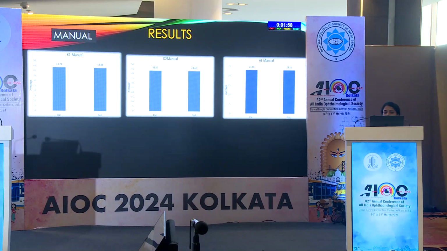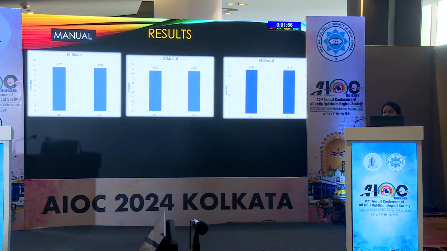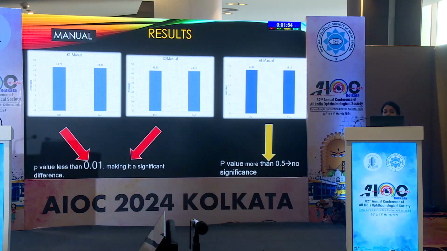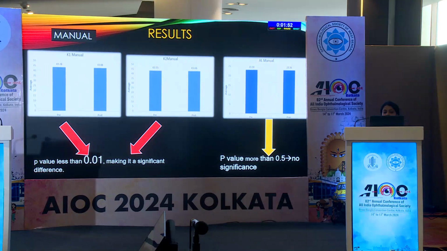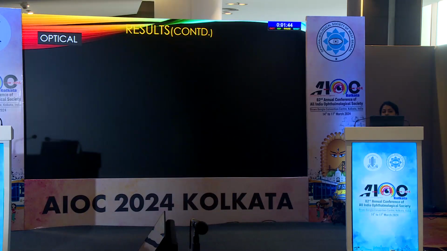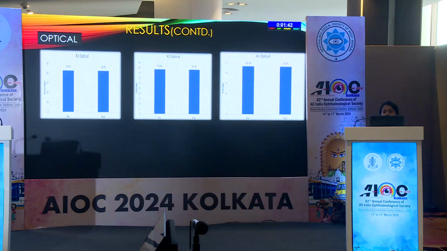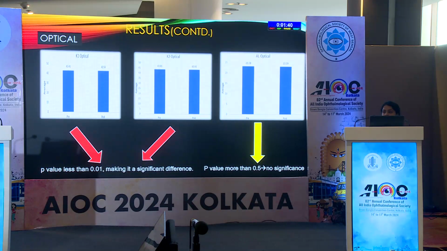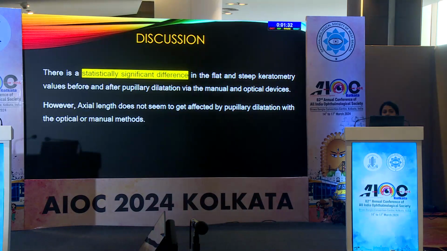The pre and post values have been shown for K1, K2 and the axial length, and we have found that K1 and K2 measurements show a significant difference before and after dilatation. However, the same could not be said for axial length. Via the optical method, we found that the K1 and K2 values again have a significant difference before and after dilatation, but axial length did not differ when we used these instruments.